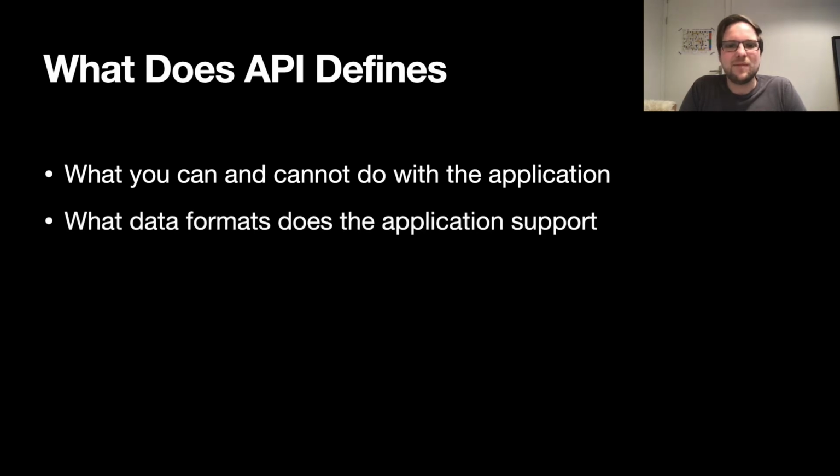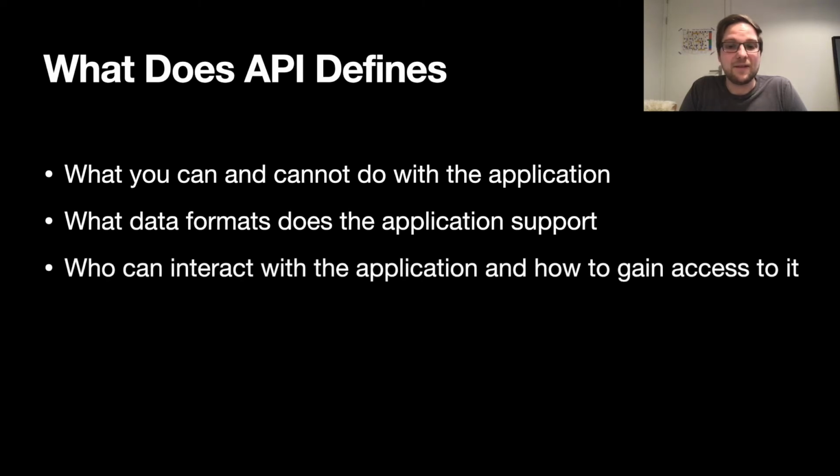And the API also defines how to use it, which kind of data format. Is it a picture? Is it binary data? What should you expect to get in response? What kind of formats do we support? And also it defines who can interact with it and who has access to the application.